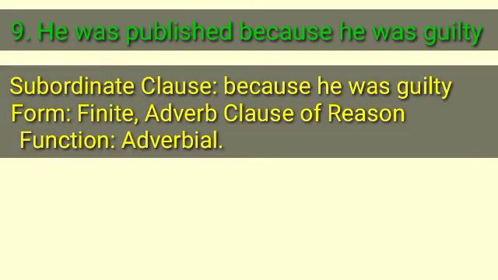He was punished because he was guilty. In the sentence, he was punished because he was guilty, the part because he was guilty is the subordinate clause. Its form is finite adverb clause of reason, and its function is that of an adverbial. All the adverb clauses function as the adverbial, that we have to remember.